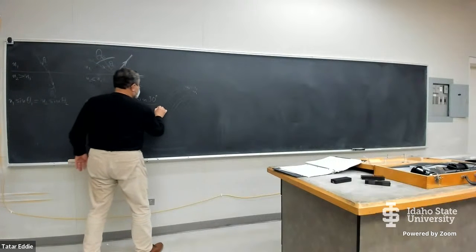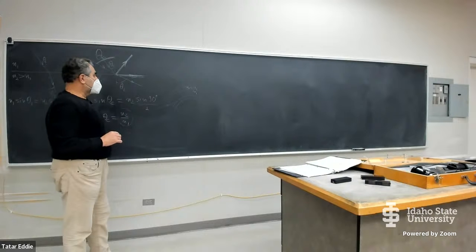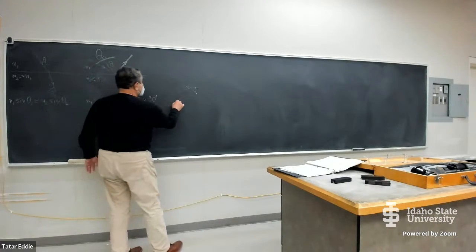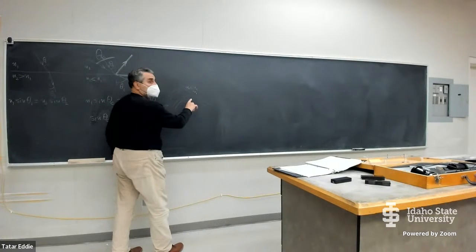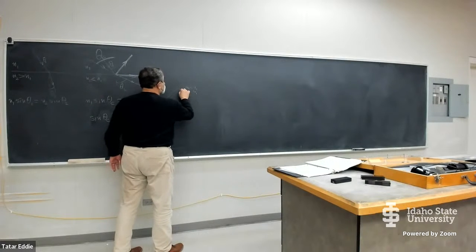And therefore, a light ray that comes into the core at an angle exceeding the critical angle is not going to penetrate the cladding at all, but it is going to be completely reflected, totally reflected.